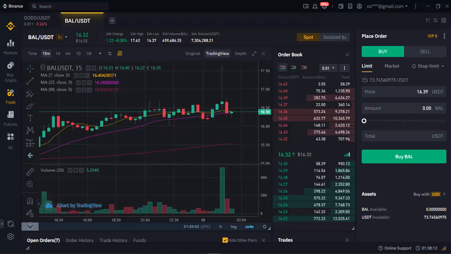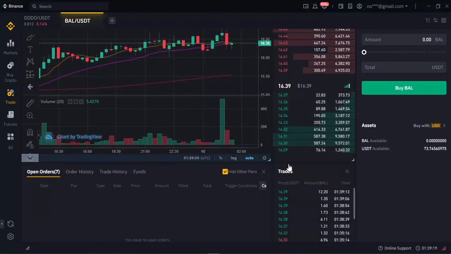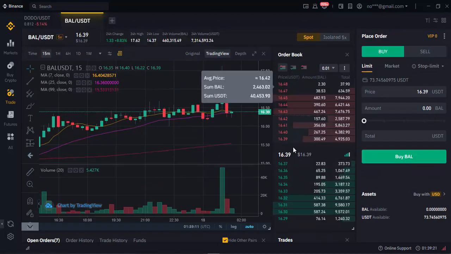This is 459,000 plus volume of BAR traded, and this is the 24 hours volume in USDT, like the value of BAR in USDT traded within 24 hours. This is 7.3 million.